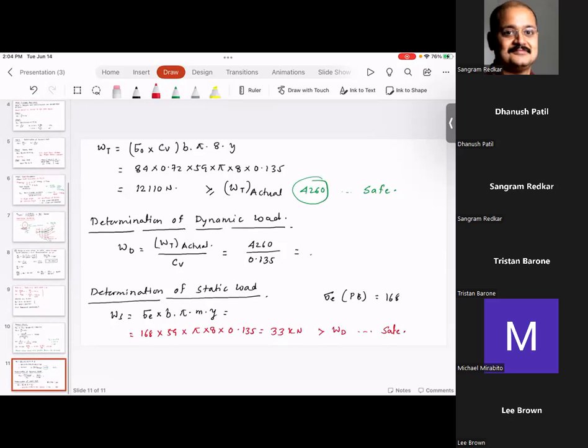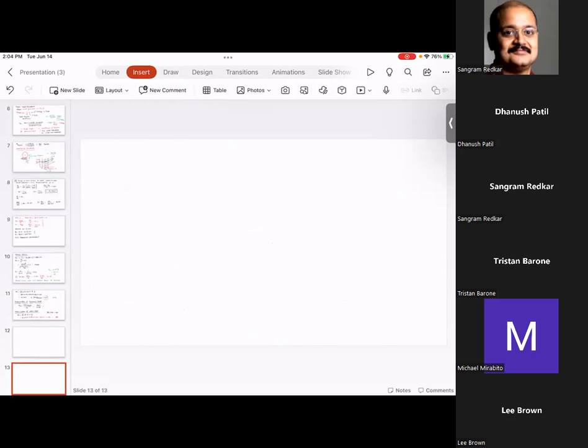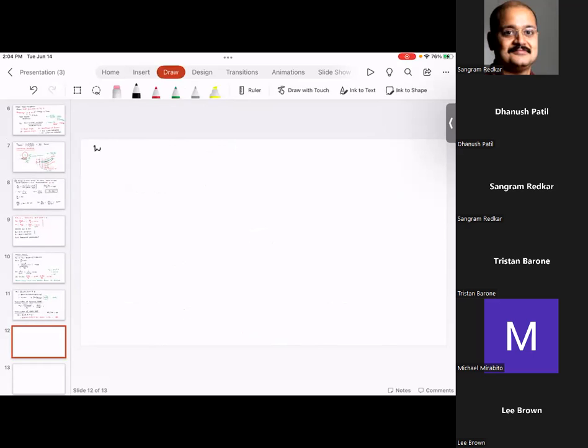The next step is to find WW, where the load WW is equal to DG times P times K, which is 384 times 59 multiplied by 0.55, which is 12 kilonewtons.